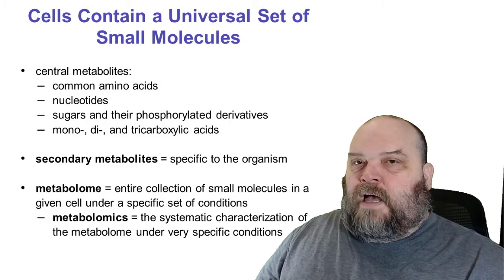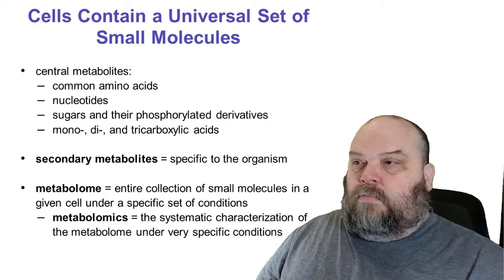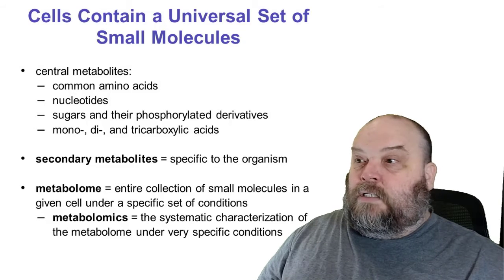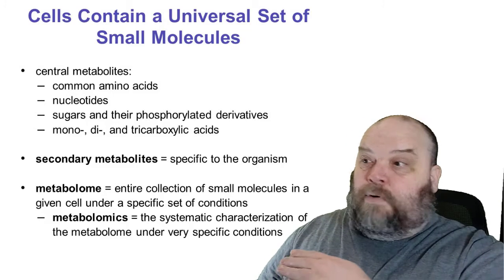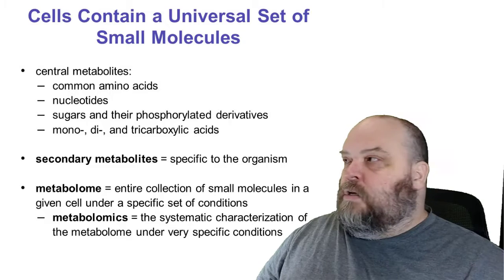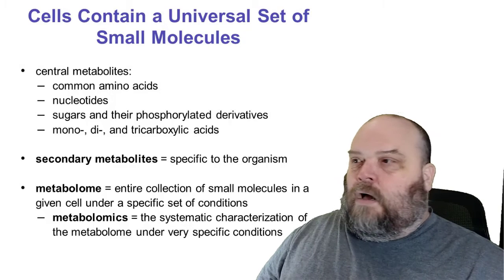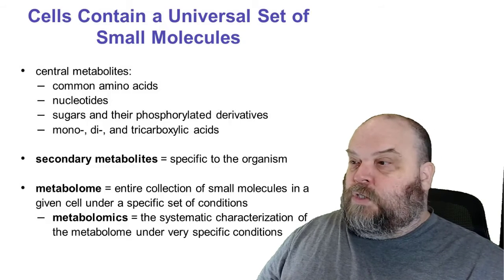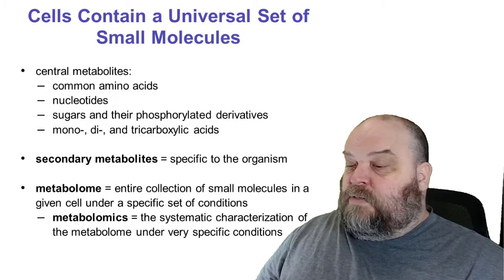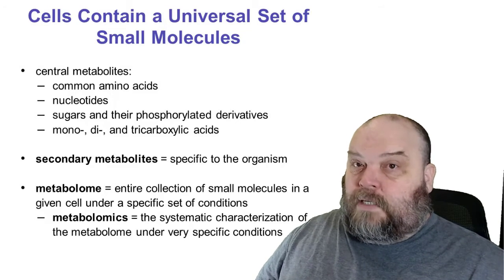There's quite a bit of commonality. There are common sets of amino acids that are going to be found in prokaryotes and eukaryotes. The nucleotides are the same. The majority of the sugars and things that we use in their phosphorylated derivatives, the same.